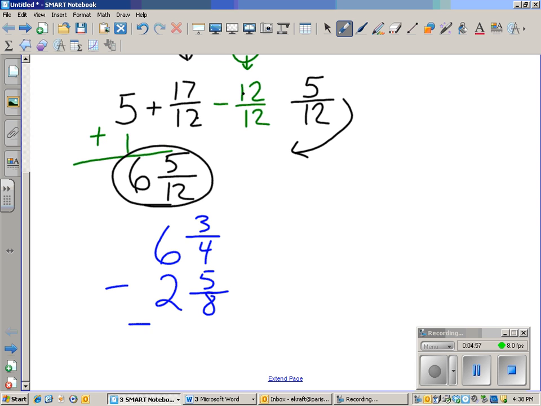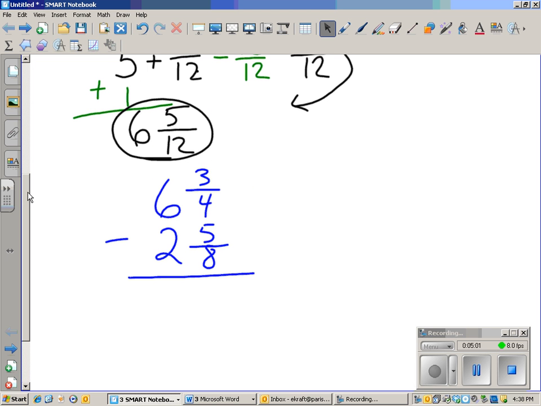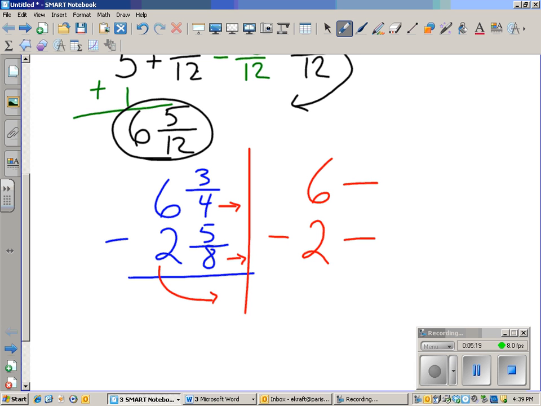Once again, I have different denominators. I'm going to try to keep it clean. I'm going to find a common denominator for 4 and 8. Well, that one's a little bit simpler, but let me bring my whole numbers over first. So I'm going to bring 6 minus 2, and I'm going to get my fraction bar ready. 4 and 8, the first common multiple that they share would be 8.